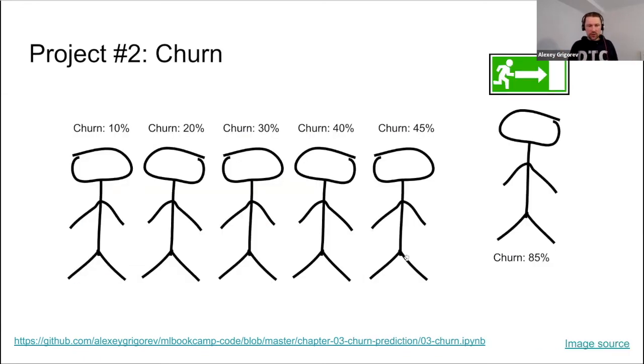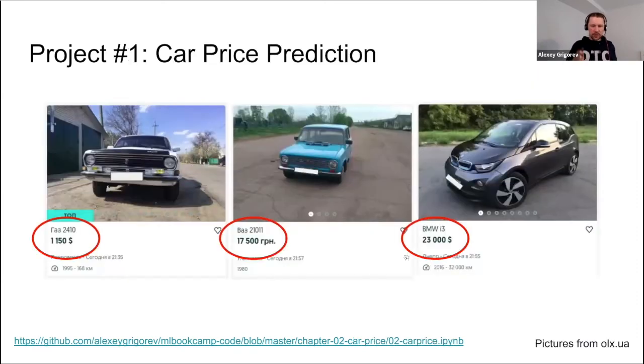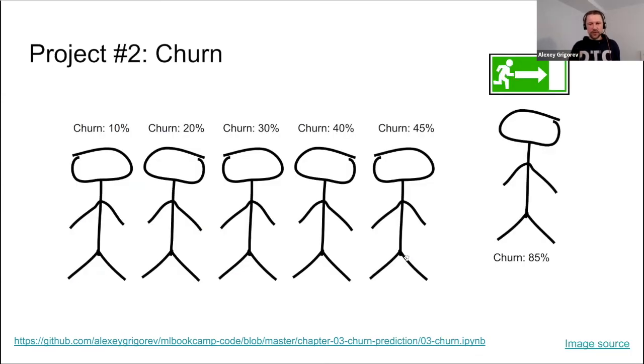And then the second project is about classification. The previous project was about predicting a number, the price of a car. Now imagine that you're working at a telecom company. A telecom company sells things like internet, mobile, basically ways of communicating.